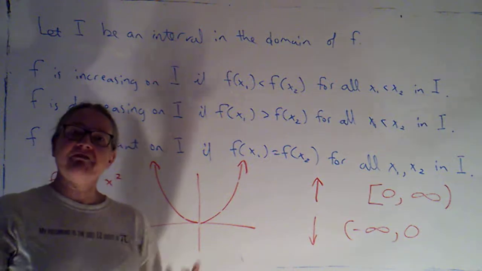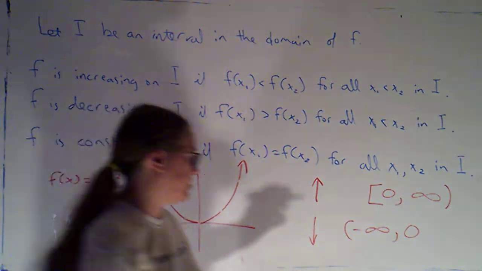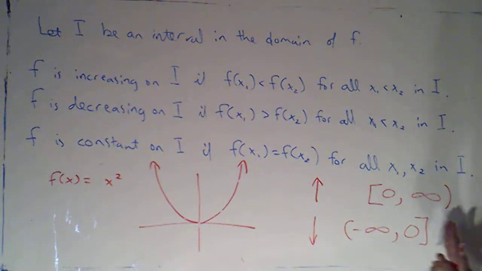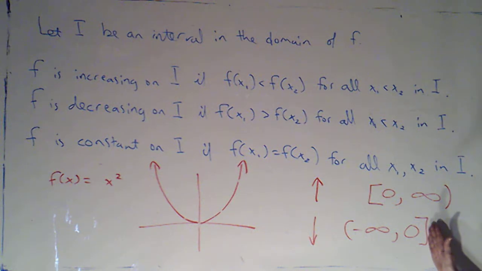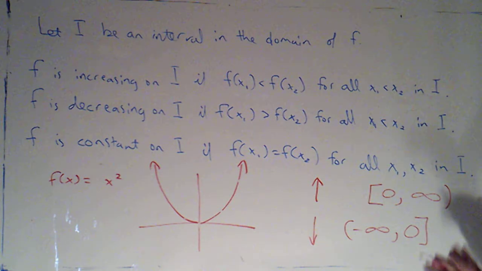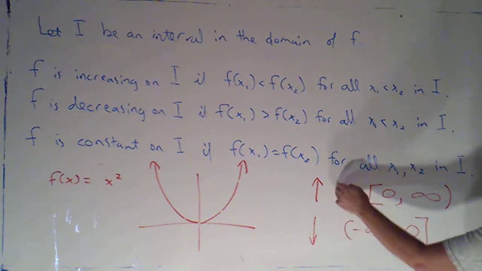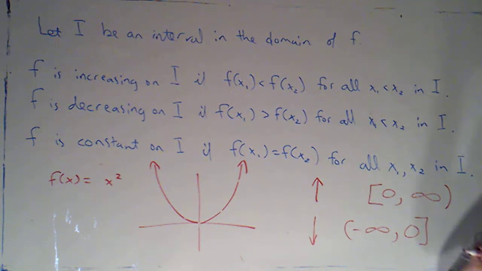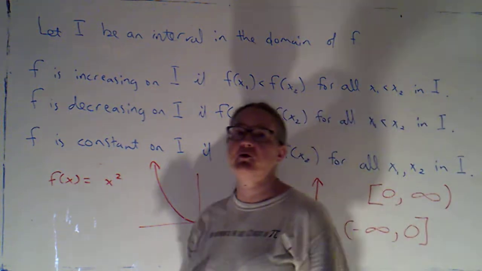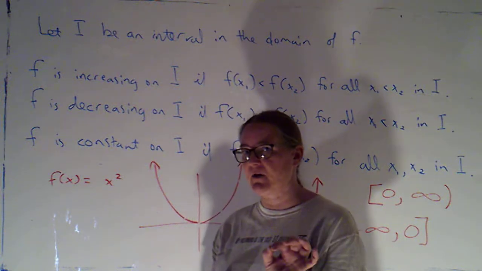So, because the definition is a comparative definition, I can include 0 in this interval too. Now, this does not mean that I'm saying that the function is both increasing and decreasing at 0, because I'm not saying anything about what it's doing at a particular point.